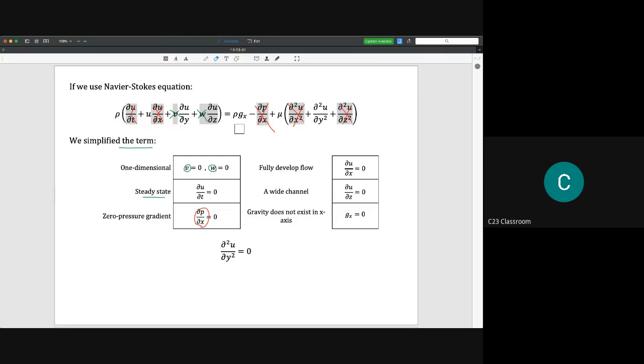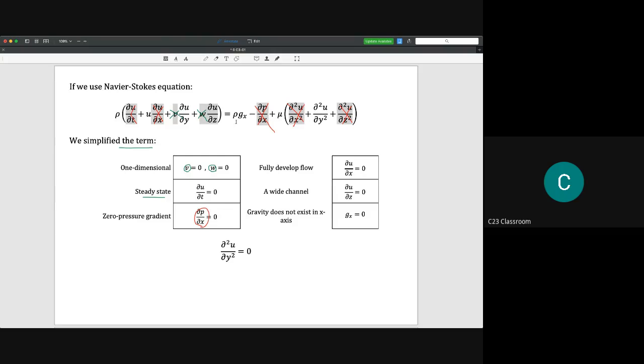Again, if we make the evaluation using the Navier-Stokes equation, the left-hand side is 0, because all of these terms are 0. Then you could bring the mu to the left-hand side and it is also equal to 0.